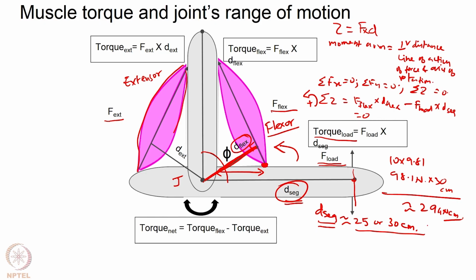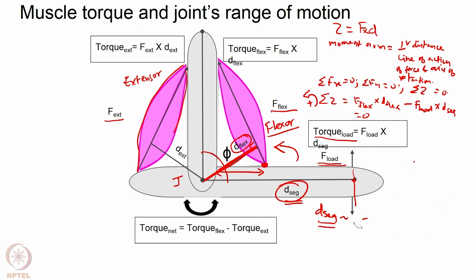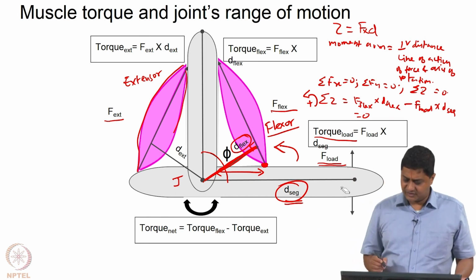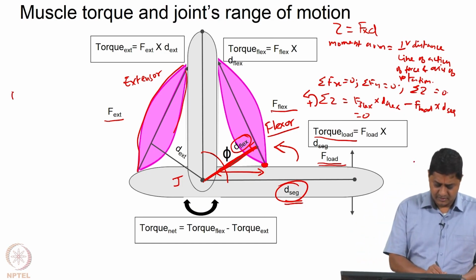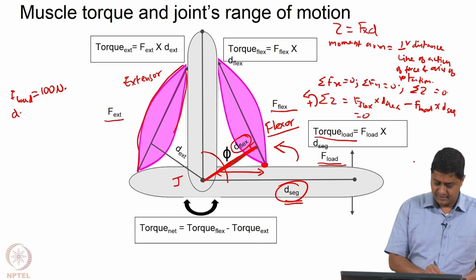Now, it makes my problem easier to solve, and let us assume that the load that I am carrying is, instead of 10 kg, I am going to call that 100 newtons. To simplify my problem, I am going to assume the following values for the forces and moment arms. F load is 100 newtons, d seg is 30 centimeters, d flex is 3 centimeters.